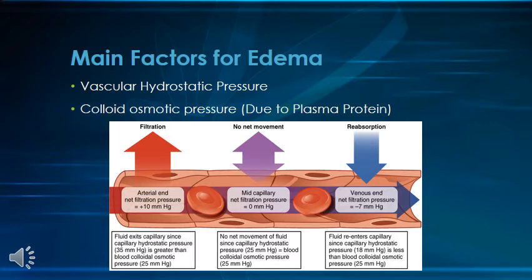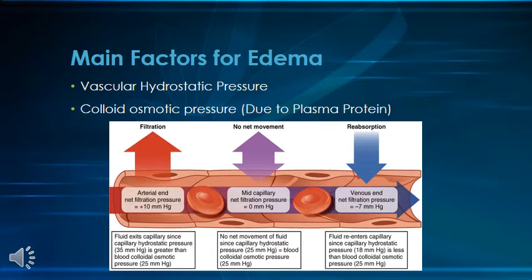So from the venous side reabsorption is increased. Why do these mechanisms occur? There are two major things involved in the transportation of fluid: movement from artery to outside the cell, and the causes that involve reabsorption of fluids from the interstitial spaces into the blood vessels.